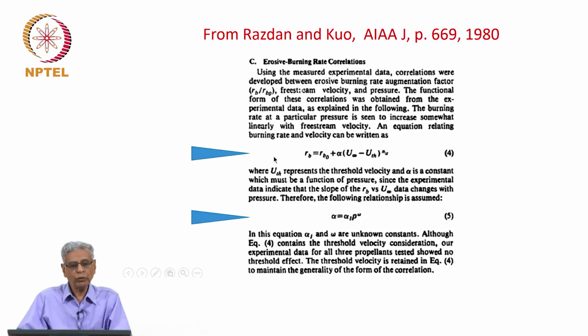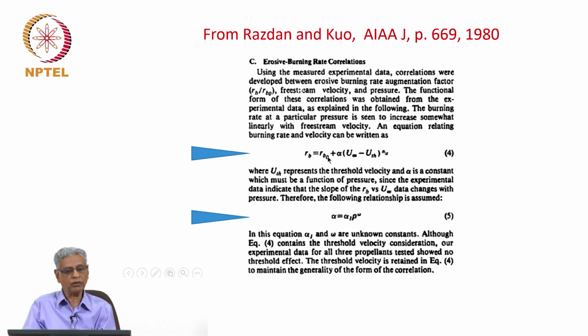If you look at the summary of the results from Razdan and Kuo, their erosive burning correlations have such a feature. The total burn rate is the burn rate because of the non-erosive effect plus something to do with velocity correction. There is a threshold velocity below which erosive burning will not act, and then with actual velocity you will find a correlation shown here.